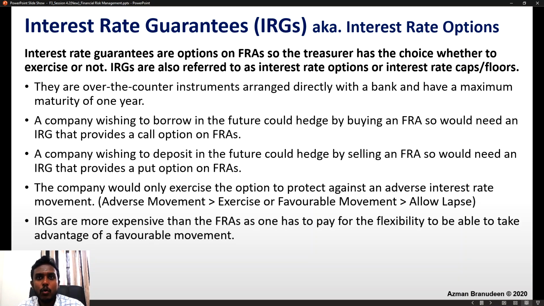The company would only exercise the option to protect against an adverse rate movement. So if you have an adverse movement, you exercise. If you have a favorable movement, you let it be favorable. IRGs are more expensive than FRAs, as one has to pay for the flexibility to be able to take advantage of that favorable movement.